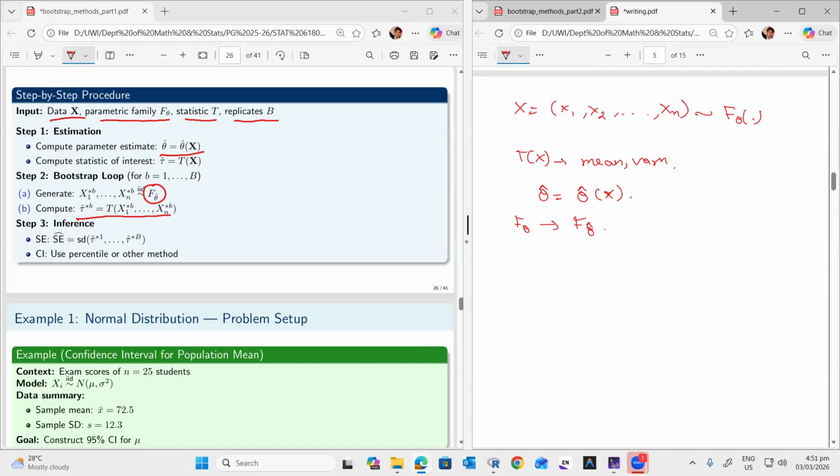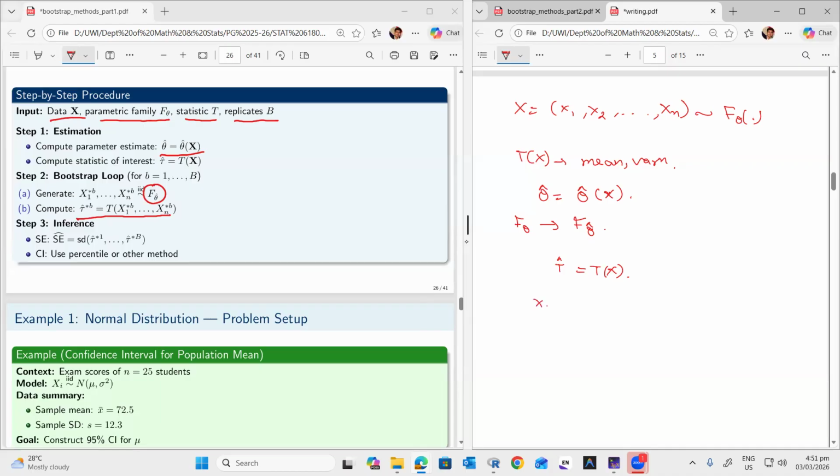So how are we going to do this? We estimate the model parameters by using the observed data, and then we compute the statistic, that is tau cap equals T(x). All right, and we apply the bootstrap resampling here with a for loop, and we generate the bootstrap sample from the fitted parametric model. So what happens at that time?